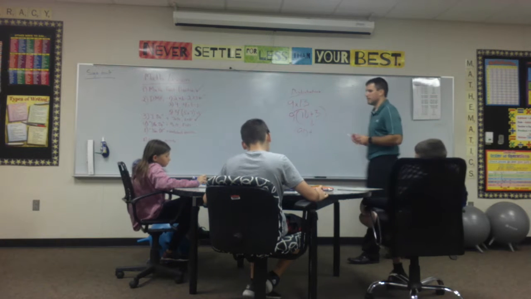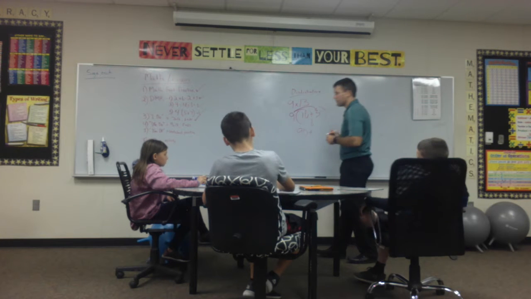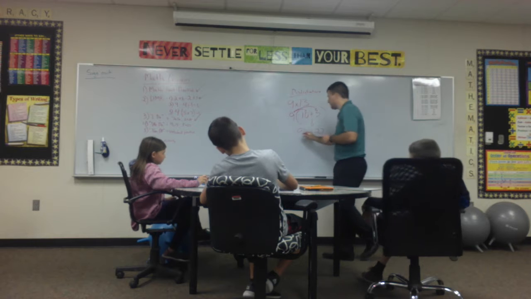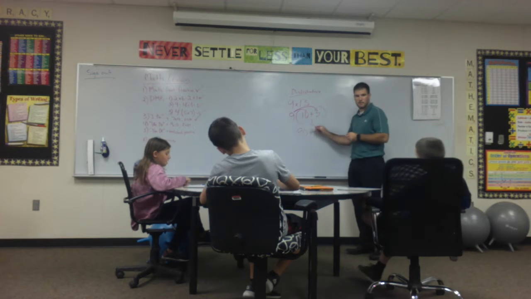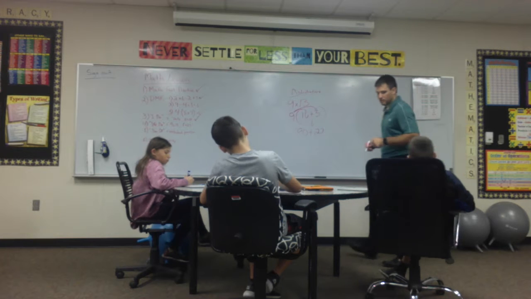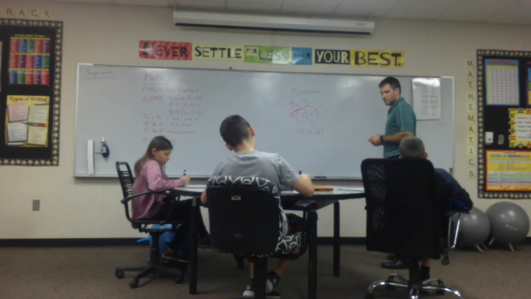What's 9 times 3, Abby? 27. Good. Can I simplify this step right here, Tyler? Yeah. Okay. I can add the two. What'd you get when you added? 127. Close.